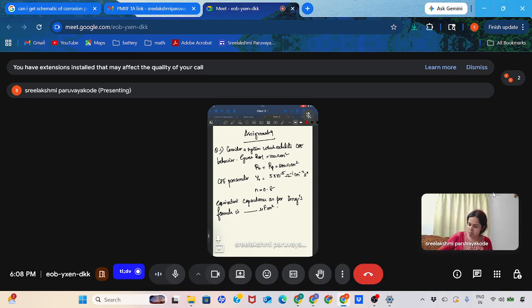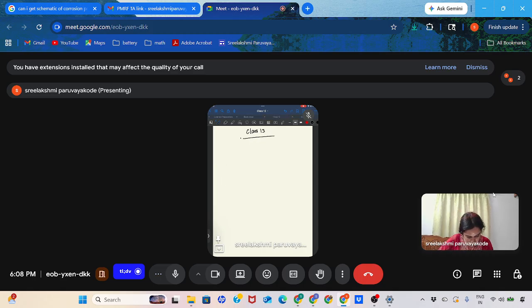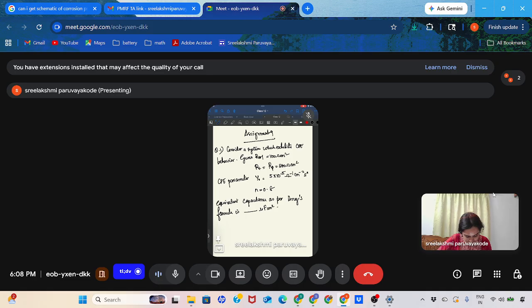So we have to use Brug's formula. The question is, what is Brug's formula? We saw it in the last class. When we use Brug's formula, the effective double layer capacitance becomes equal to Y naught raised to 1 by n, times (1 by R solution plus 1 by R_t) raised to (n minus 1) by n.